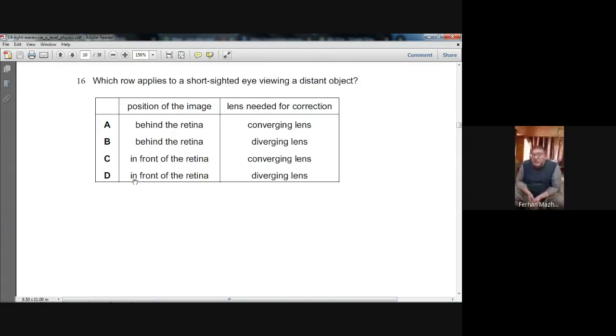To correct this problem, we use a diverging lens. So D will be the right answer, because the position of the image is in front of the retina. The eye is bending the light too much. So for that purpose, we use a diverging lens. That's the short-sighted eye. So D is the choice.